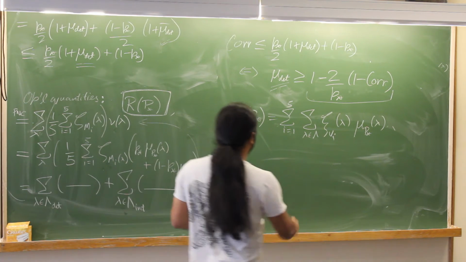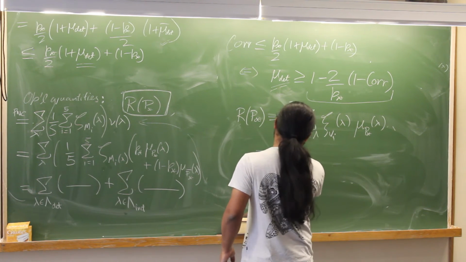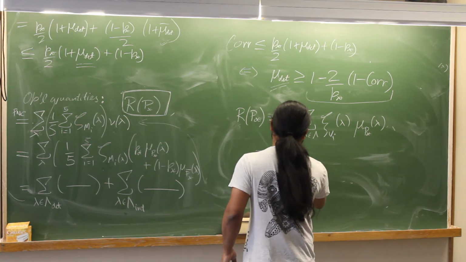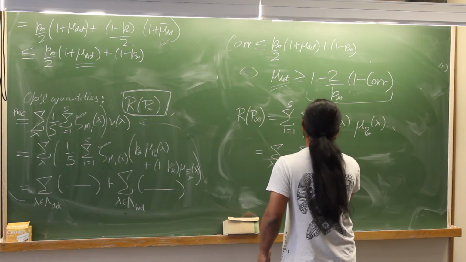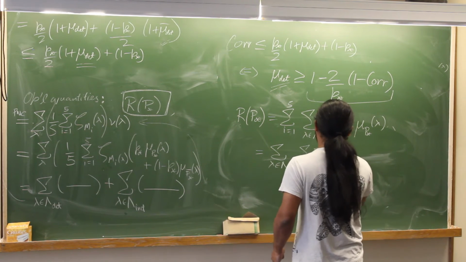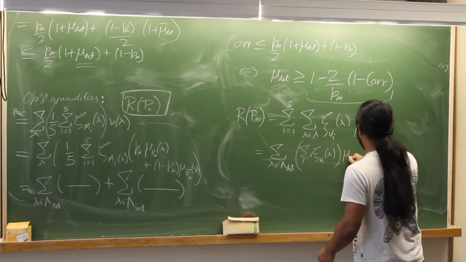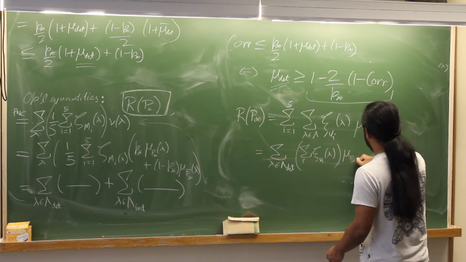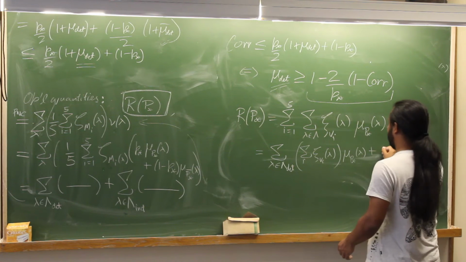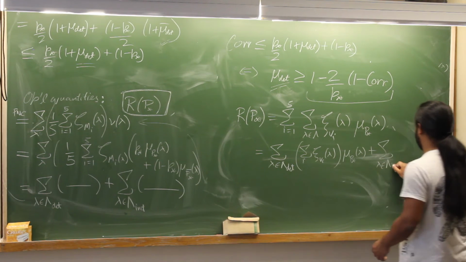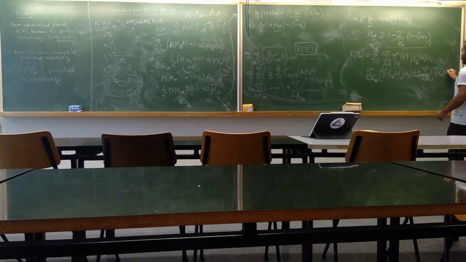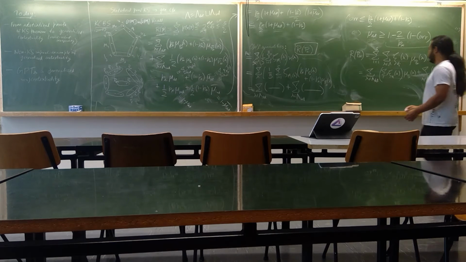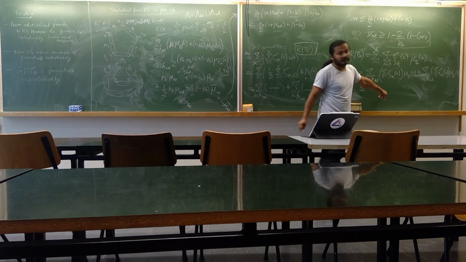But again, we're going to split it up into the deterministic and indeterministic part. So for lambda belonging to Lambda deterministic, we have sum over i of psi v_i lambda mu p star lambda plus, when lambda is indeterministic, we have sum over i of psi v_i lambda mu p star lambda, and we already know what the upper bounds of these things are, right?